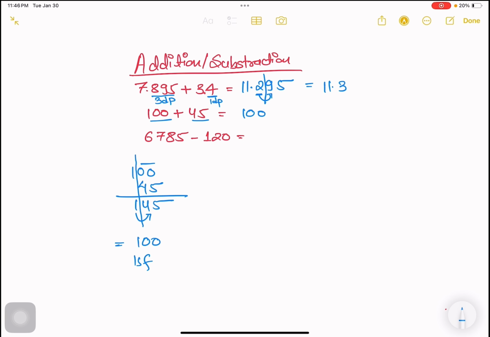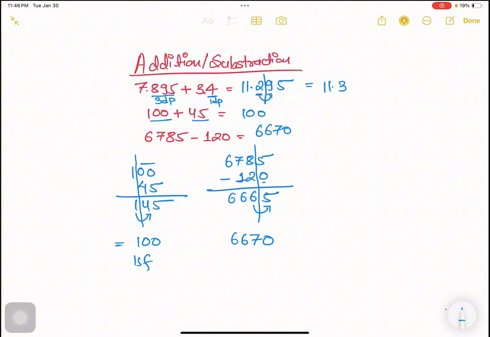The next one I will do like this. Okay, so 120 here. When I subtract, I will get 6665. Because this 0 is not significant, I will draw a line here. The next number is 5, so I will get 6670. Okay, I'll give one more example.